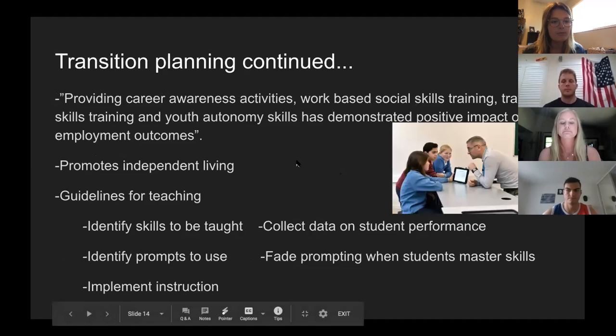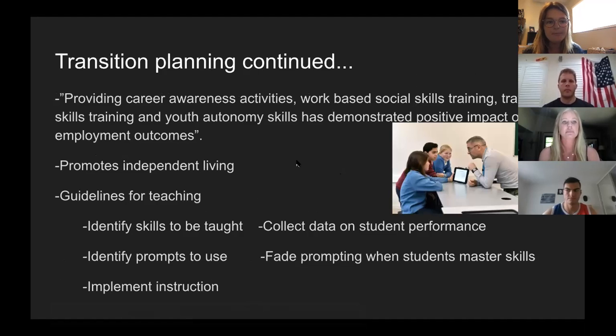So a quote I found was that providing career awareness activities, work-based social skills training, travel skills training, and youth autonomy skills has demonstrated positive impact on employment outcomes. So we as teachers need to make sure that they are prepared for independent living in the future.